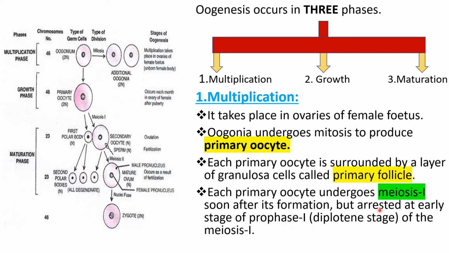There are different stages of meiosis-I, like prophase-I, metaphase-I, anaphase-I and telophase-I. Under prophase-I there are substages also. One of the important substages is the diplotene stage, right? Meiosis-I is arrested at prophase-I, especially at the diplotene stage. It is a very important point, so we need to remember.